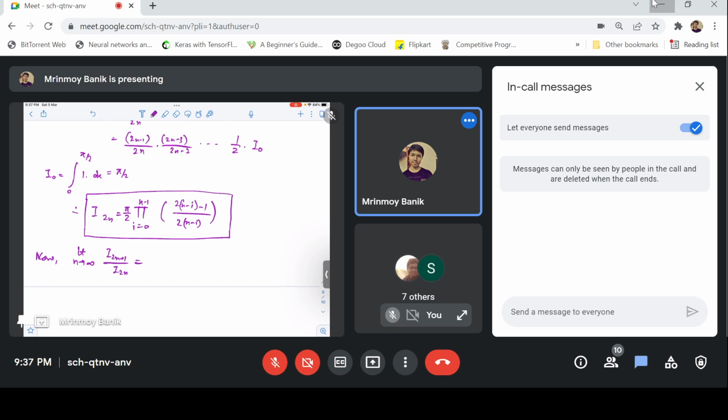Right, so now claim 5, the last claim. The last claim is that the limit of I_{n+1}/I_n equals 1/(2π) times the limit as n tends to infinity of n! divided by e^(-n) n^(n+1/2), whole squared.